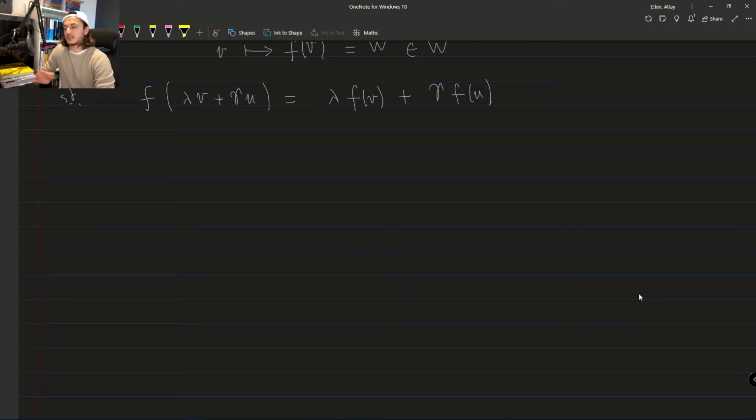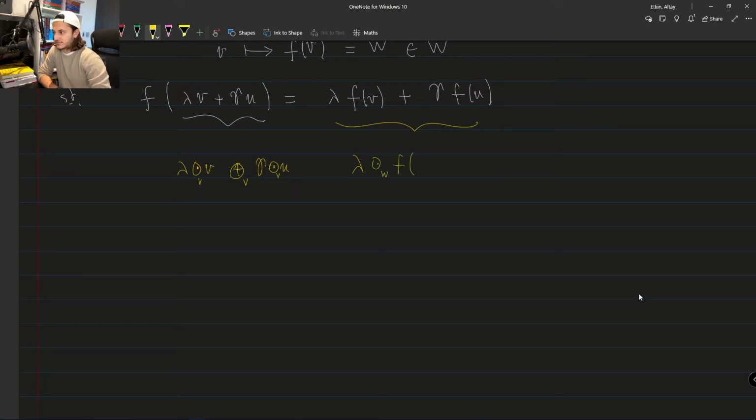As we told last time, and if you haven't watched it, you can watch it over here or in the description below, this is nothing but lambda circle dot V plus gamma circle dot U. Here you can say this is in V, and the circle dot and plus on the right live in W, so it's defined over W: lambda circle dot F of V plus gamma circle dot F of U, but we simplify it to this form.